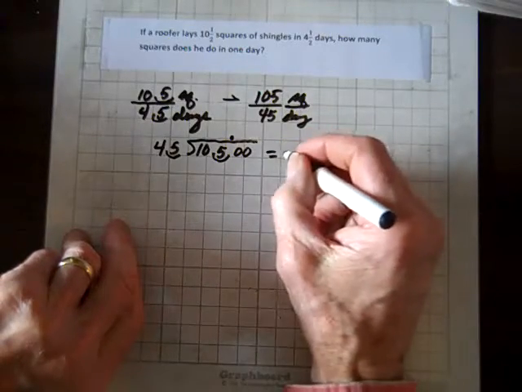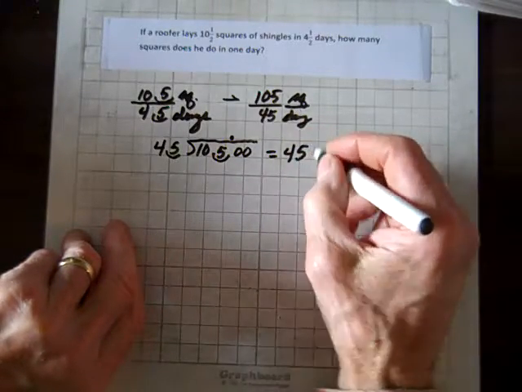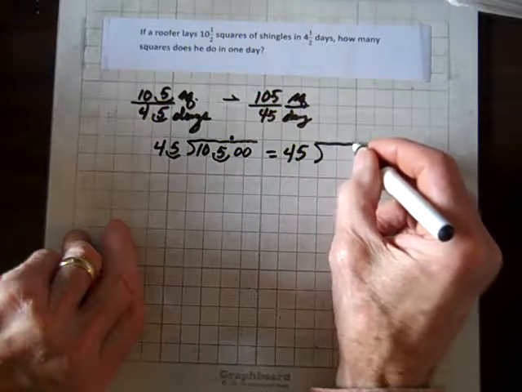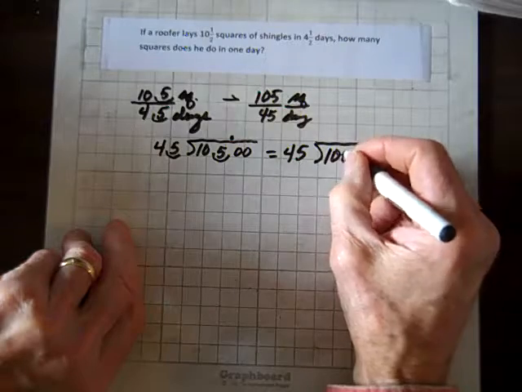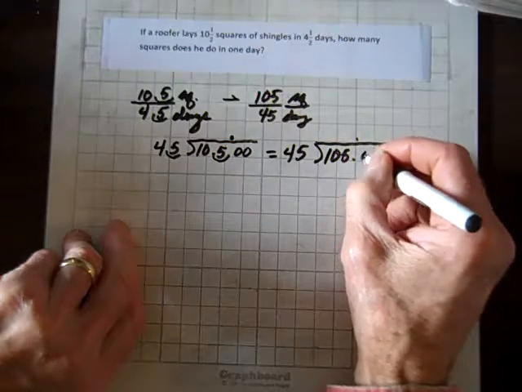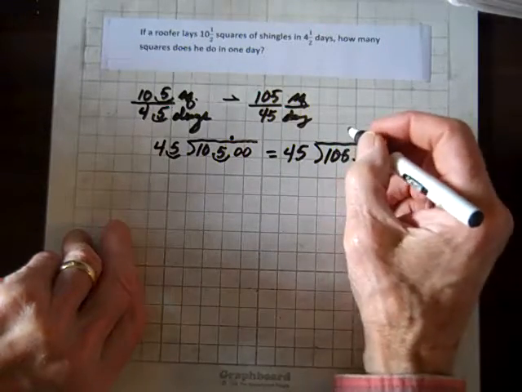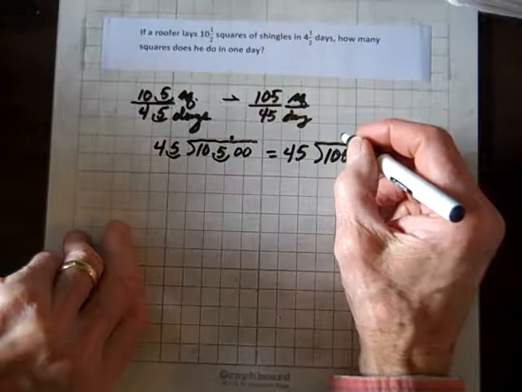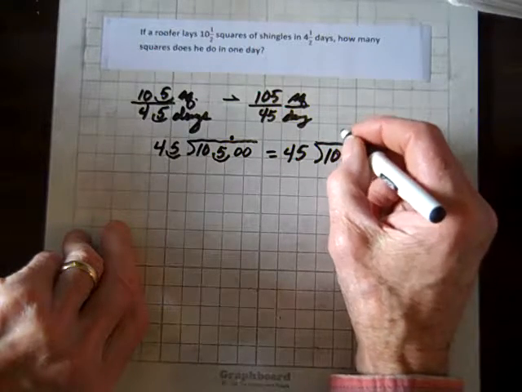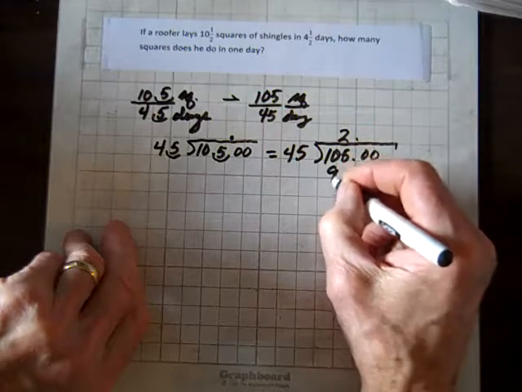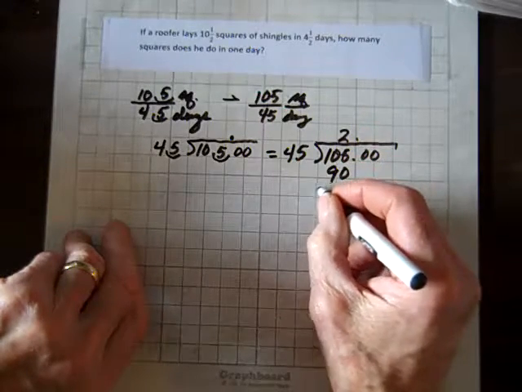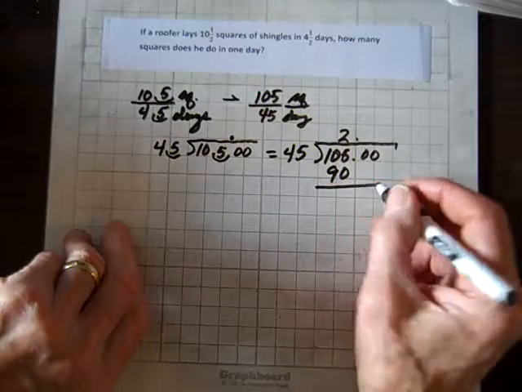So to clean that up, we've got 45 into 105 decimal, couple zeros. So let's see, if I double 45, I'll get 90, and that's as close as we're going to get to 105 without going over.